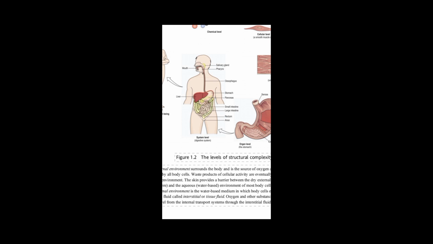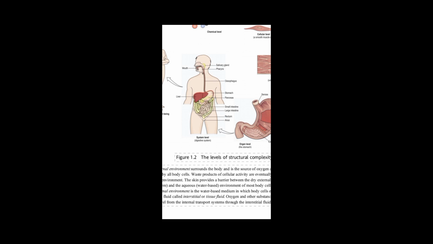If we go to the circulatory system, it's made up of the blood, the blood vessels, the heart, and other structures. If we go to the nervous system, it's made up of the neurons and so forth. So that's the system level.